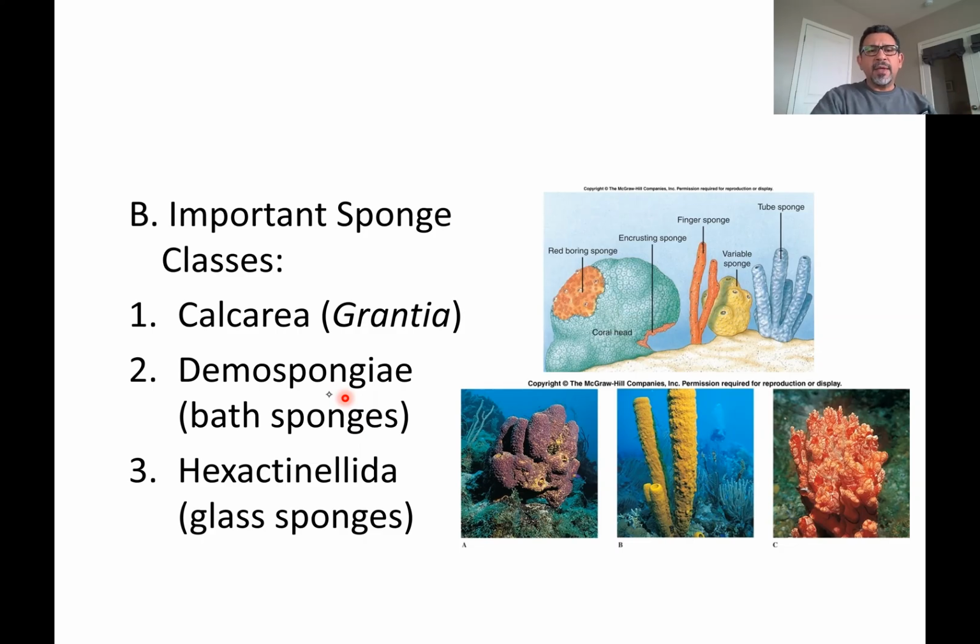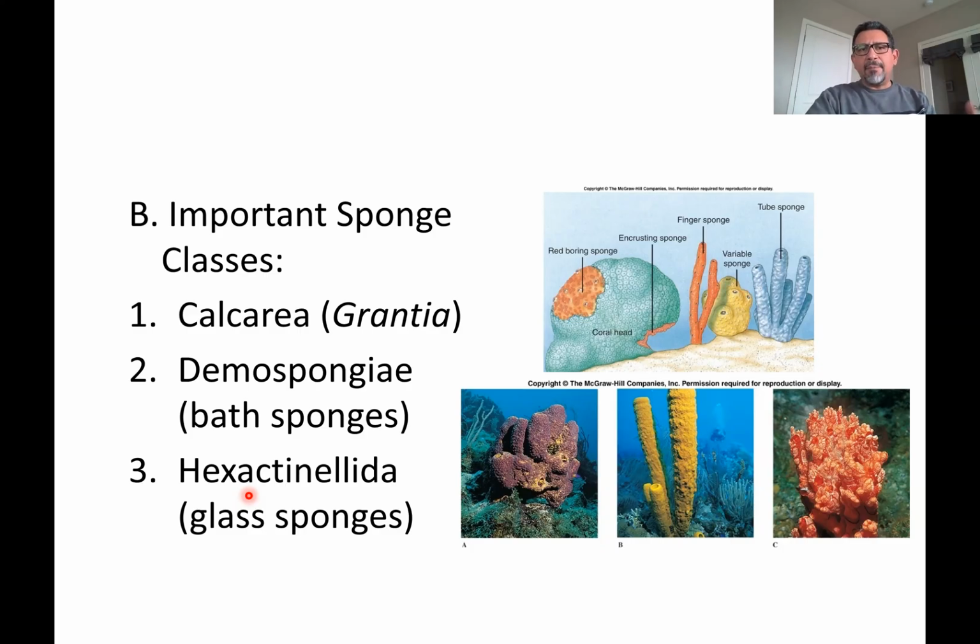There's also another class of sponges known as Hexactinellida, and the name of the class has to do with the nature of the spicules. The spicules in the Hexactinellid sponges are made of silicon dioxide like glass, but many of the spicules, not all of the spicules in all the species, have 6 points.